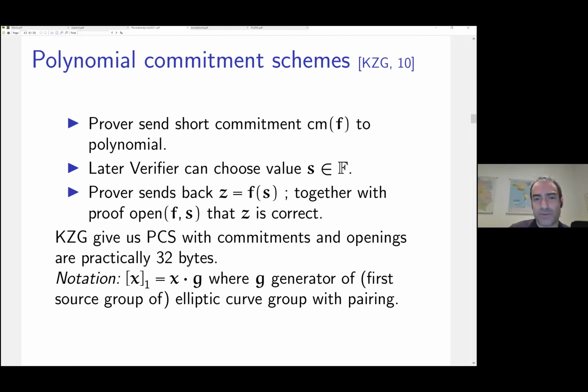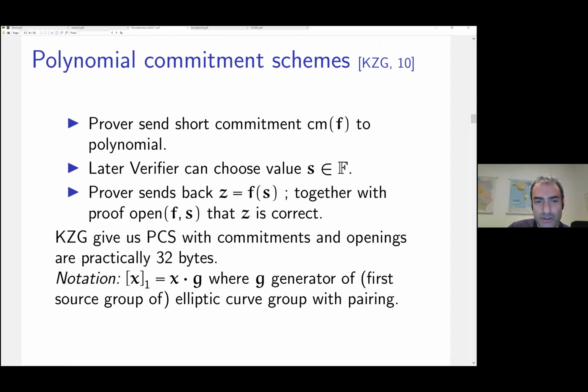And of course, the really cool thing about KZG is that it gives us polynomial commitment schemes where these commitments and openings are only 32 bytes, or if you're more number field sieve paranoid, maybe 48 bytes. So let's really quickly remind ourselves what the KZG scheme looks like.